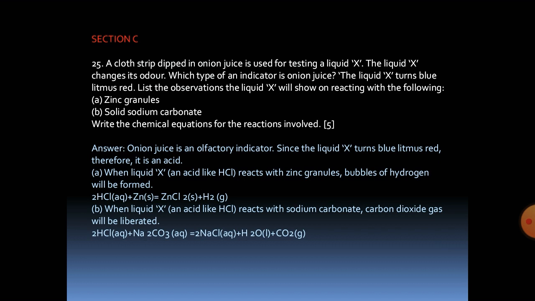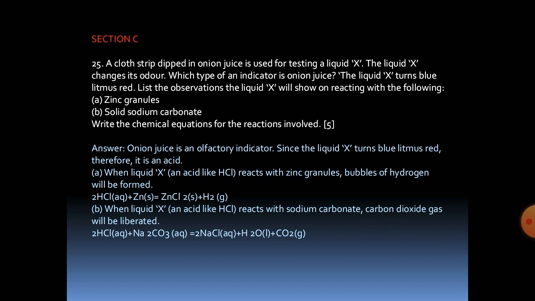So onion juice is an olfactory indicator. Olfactory means the indicator which is related with smell. Since the liquid X turns blue litmus red, it is an acid. And when liquid X, an acid like HCl, reacts with zinc, which is a metal, it forms hydrogen gas. So here bubbles of hydrogen will be produced, as shown by the reaction, H2 gas.